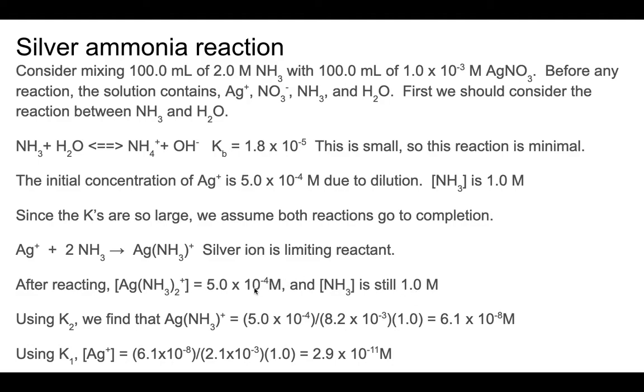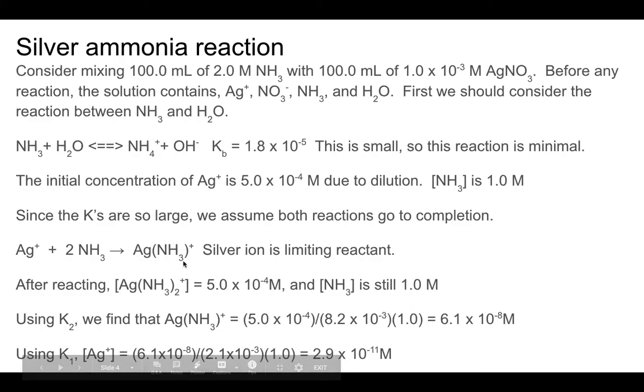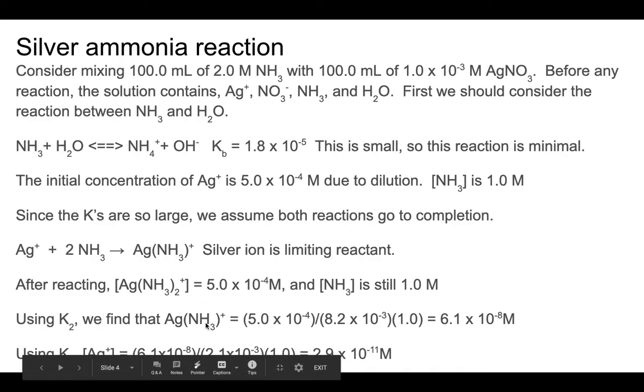Now, we start with those two numbers, and we then look at the two equilibria. Starting with the second, we're going to work our way backwards from the second equilibrium. So using our K2 value, we can find the silver ammonia with 1 ammonia on it.